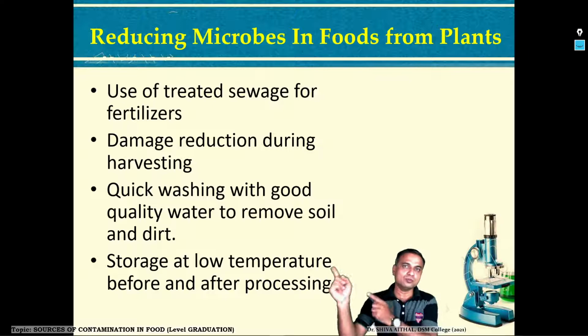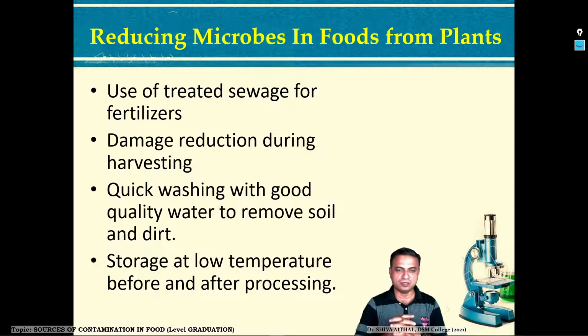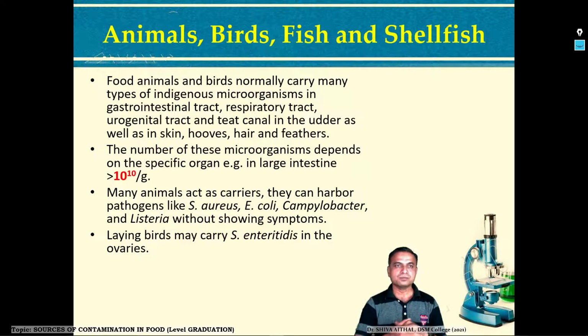The same applies to storage conditions post harvesting. If processed agricultural plants and vegetables are kept at low temperature, there will be fewer microorganisms. So we have cold storages for this.